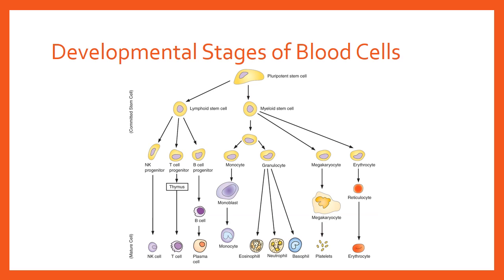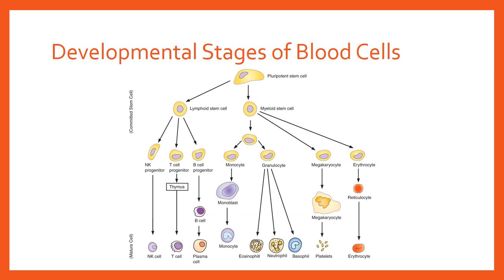Unlike lymphoid stem cells, myeloid stem cells give origin to many different cell types, and to the majority of the cells you'll find in circulation. At this point, the myeloid stem cell can break down to monocytes, which will turn into monoblasts and then monocytes.